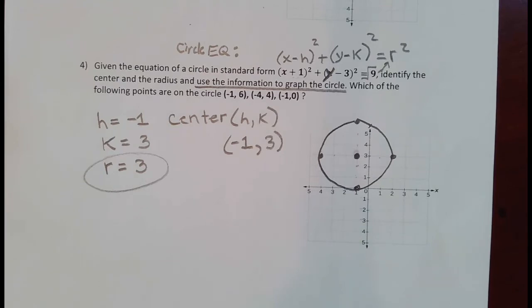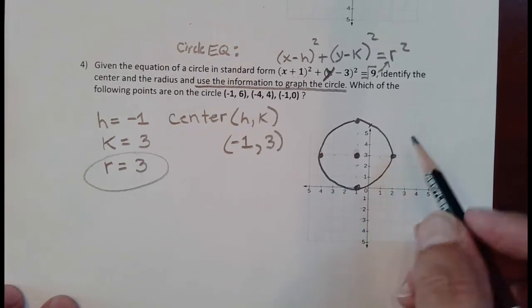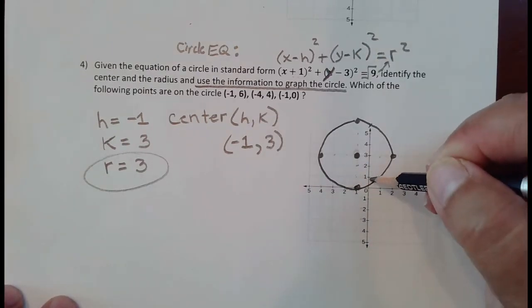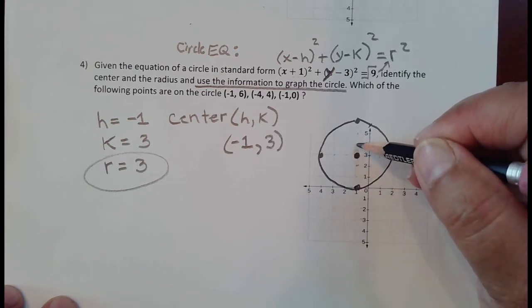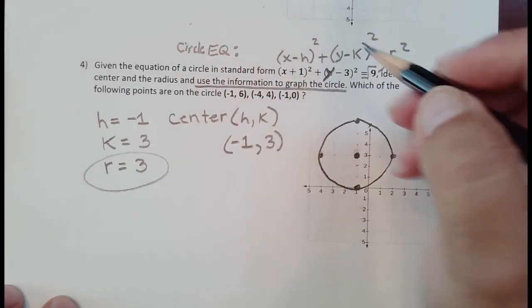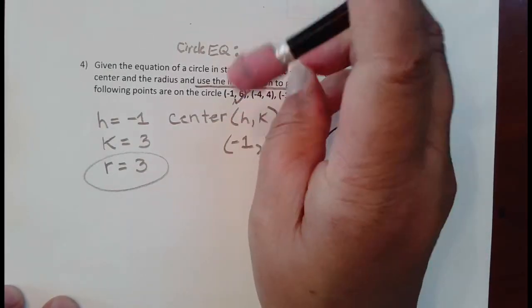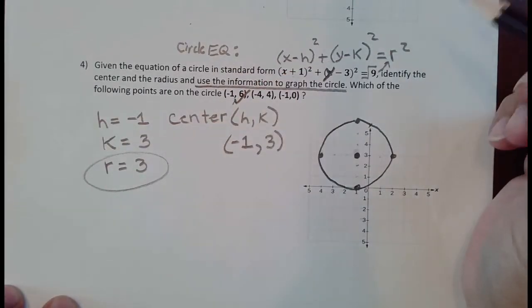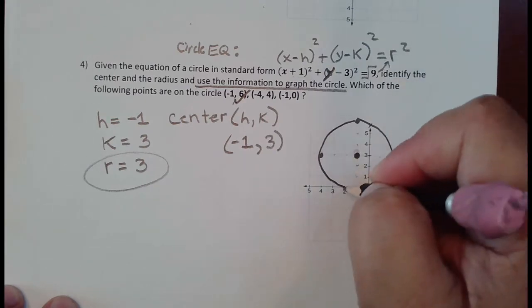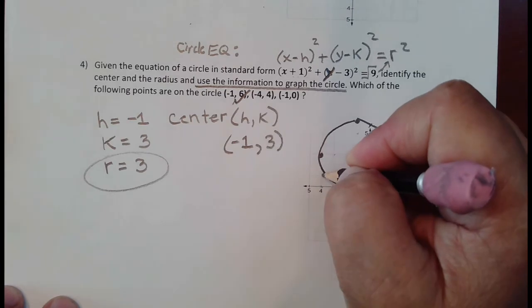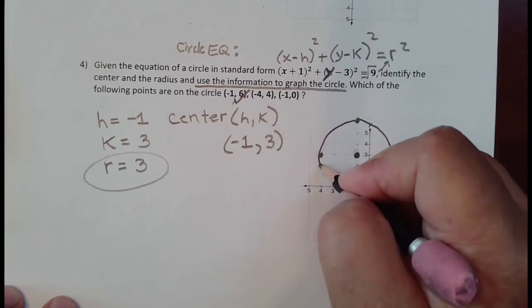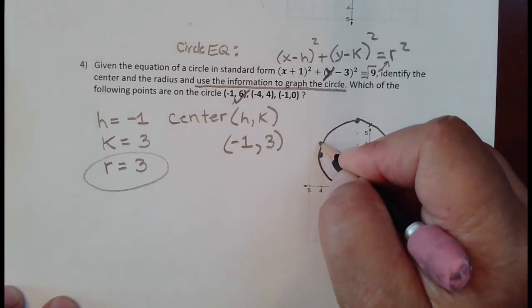If we went to negative 4, 4, we went to negative 4, and then we went up 1, 2, 3, 4. You're not actually on the circle. This point's on the circle, but here you would be jumping outside of the circle. Mine may look like it just because I didn't draw a perfect circle, but that point would actually not be on there. Okay, so this is no.